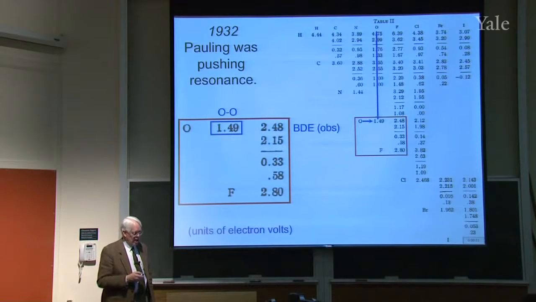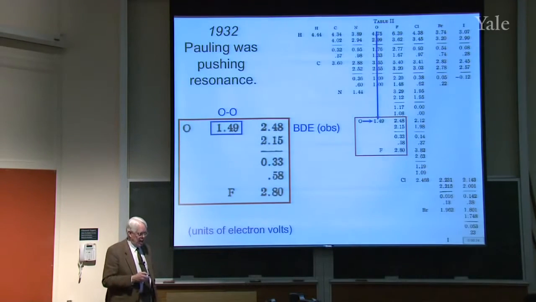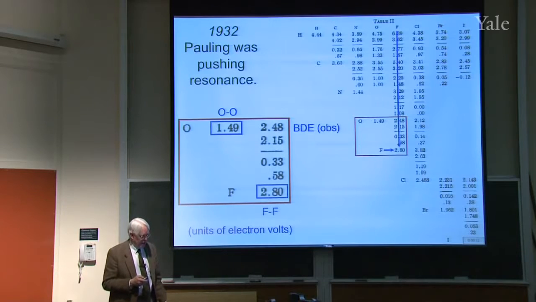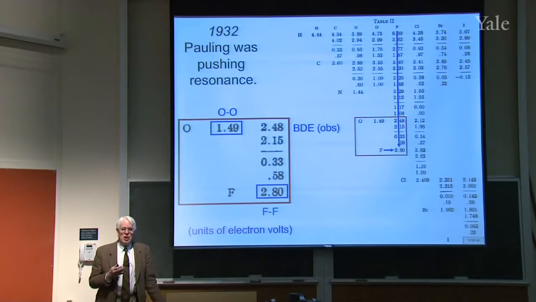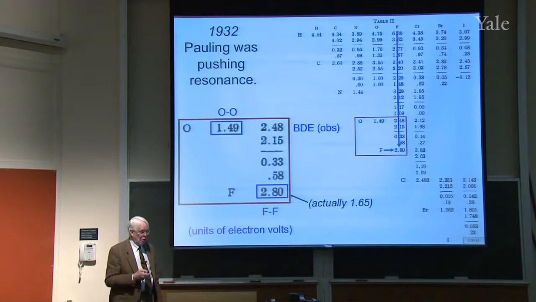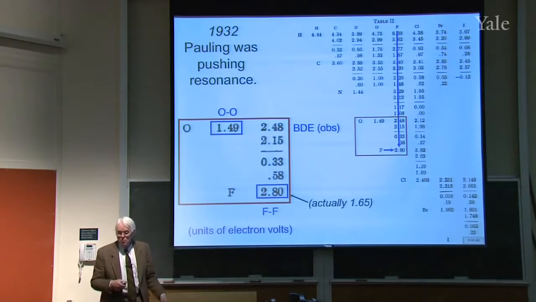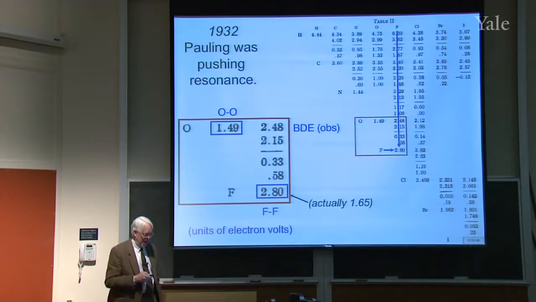So here on the table, we look at oxygen, and its bond dissociation energy is 1.49 electron volts, okay? Or you can look over here, and fluorine is 2.80. So if the bond were normal, the oxygen-fluorine bond would be the average of those, right? Although remember, actually this is 1.65, it's not 2.80, but put that aside for now.